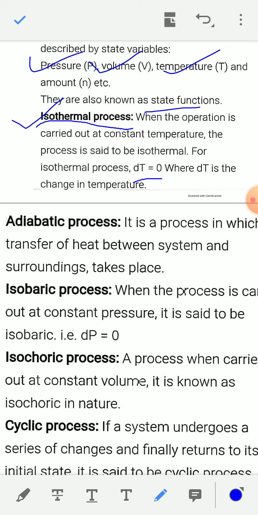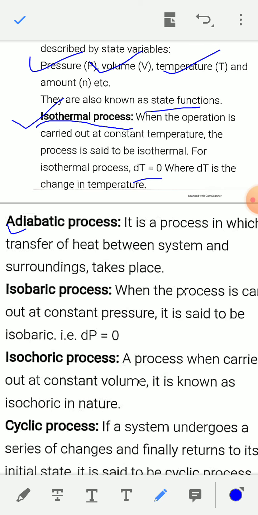For an isothermal process, you have to remember that delta T is equal to 0, that means change in temperature is equal to 0. This is because initial and final temperature remain the same.